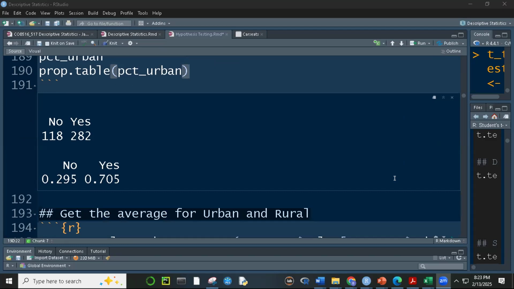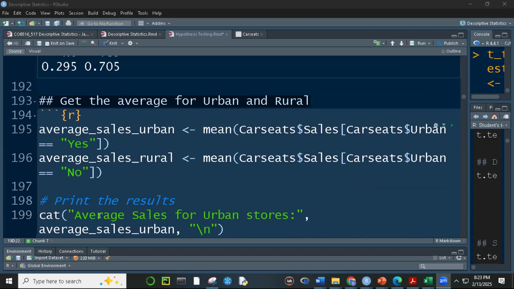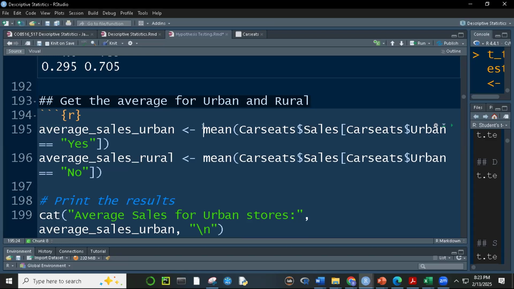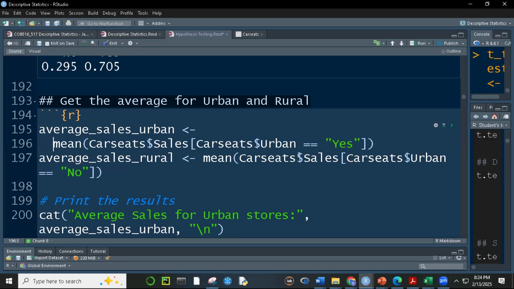Okay, so let's continue. This one I only gave you the print results, but this one I did not. So let's take a look at this. What's happening here? I want you to write this so that you experience the writing of the code. We're getting the average sales of urban, and we're just getting the mean of car seats sales. However, we want only the urban. From the sales data, we only want urban. So the bracket here stands for subsetting.